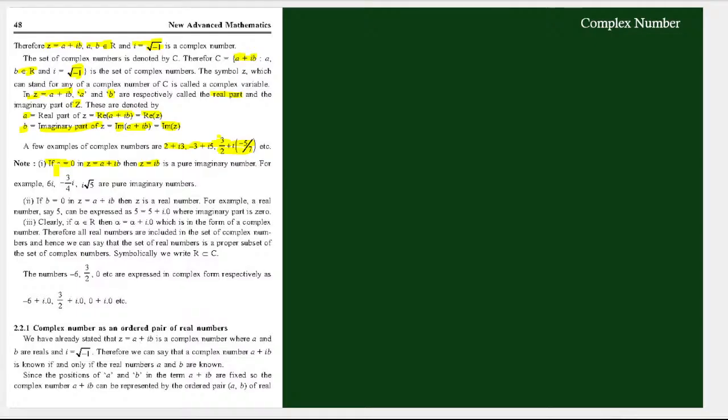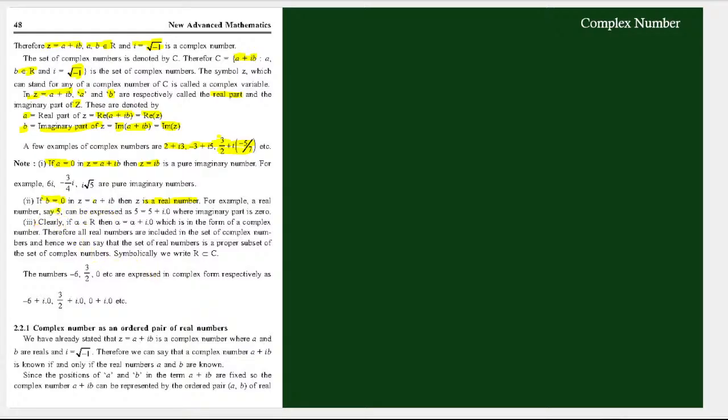That means if there is no real part, then it will become pure imaginary. Similarly, if b is 0, then there will be no imaginary part, only a will remain. Then your complex number z is a real number.